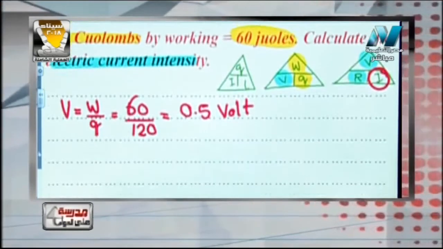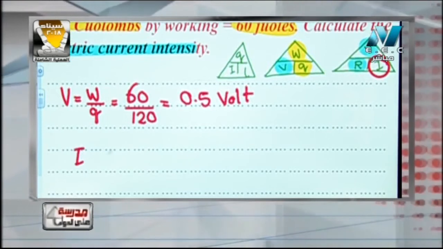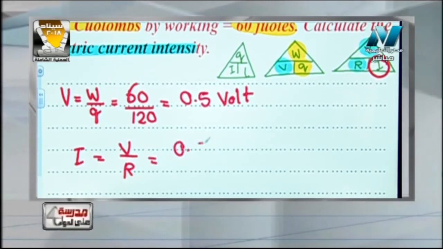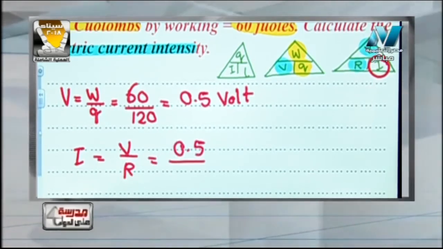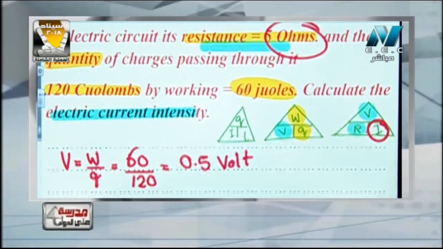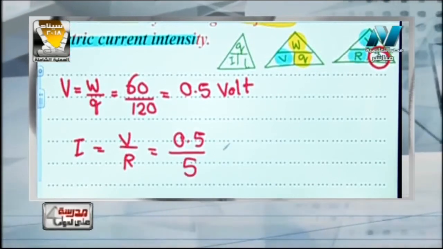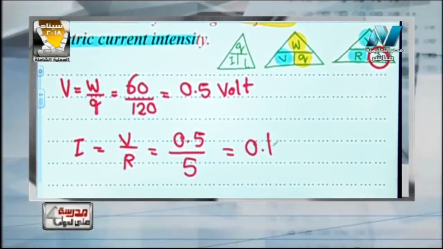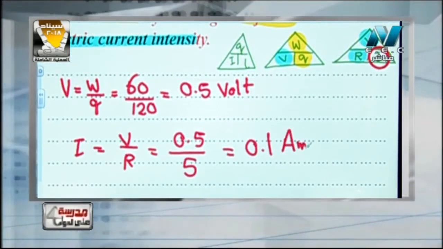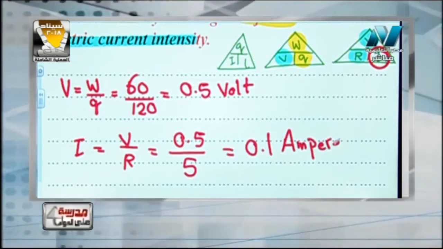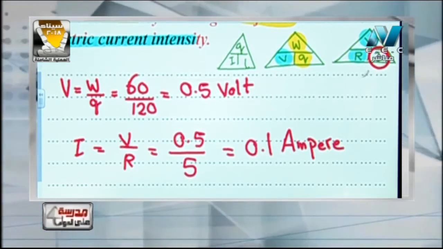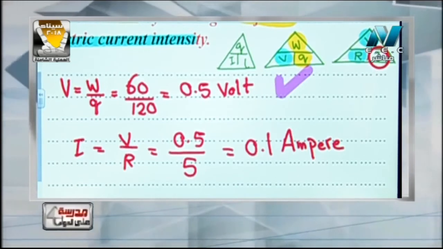The electric current intensity is I equal V over R. We know V equals 0.5 volts and R equals 5 ohms, so over 5 equals 0.1. We should remember the measuring unit is ampere. So in this problem we use 2 triangles, as we see, we use this triangle and this triangle.